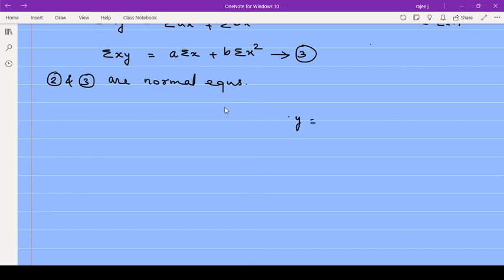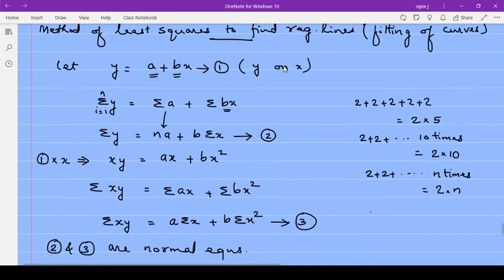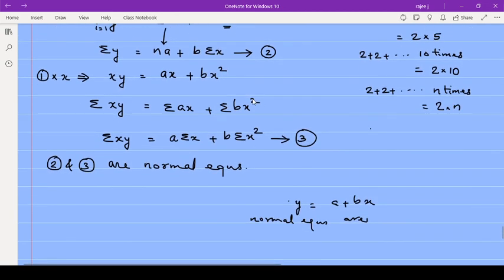So you will take, let y equal to a plus bx be the regression line of this. Then the next step will be: the normal equations are equation number 2 and equation number 3. You need not do all this process.